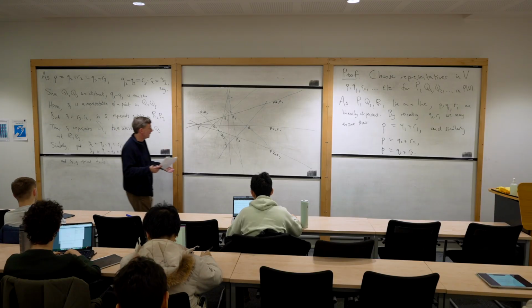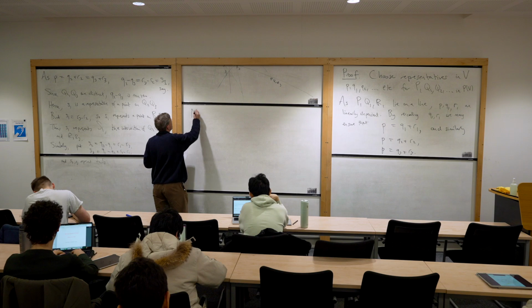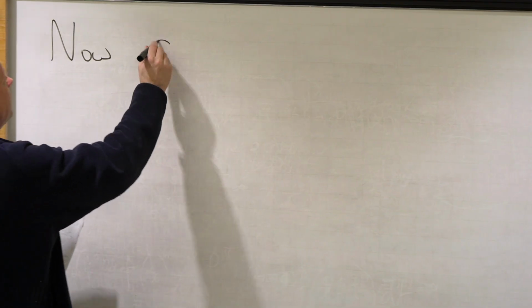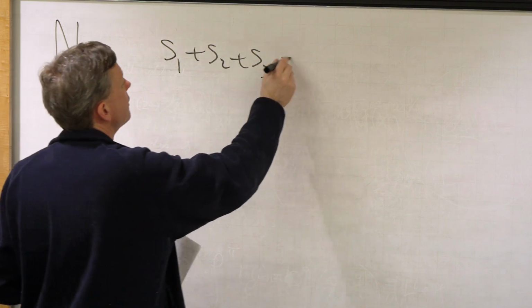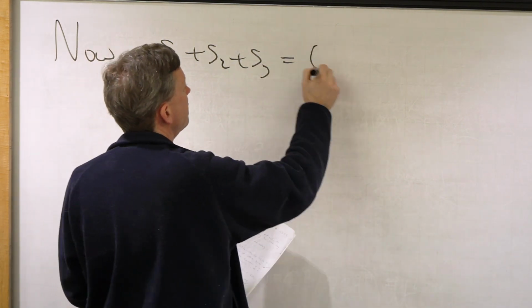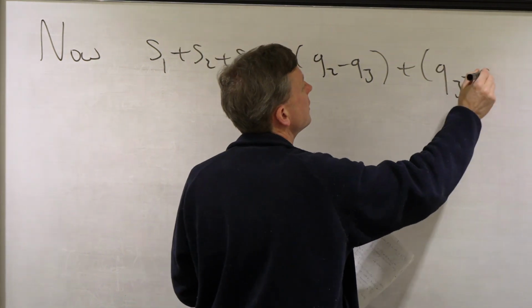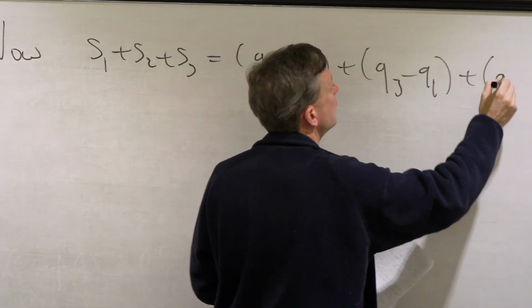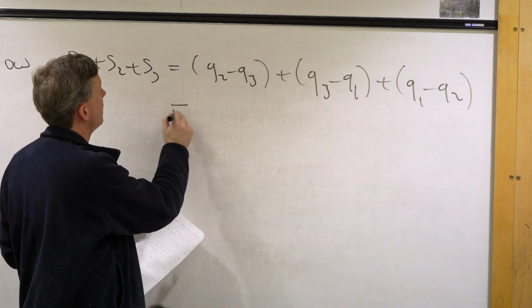But now we get the payoff, which is that s1 plus s2 plus s3 equals brackets q2 minus q3 plus brackets q3 minus q1 plus brackets q1 minus q2. And of course everything cancels, and that gives you 0.